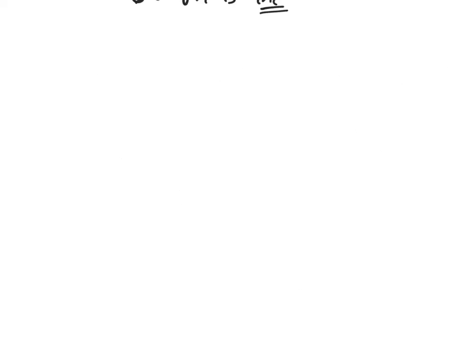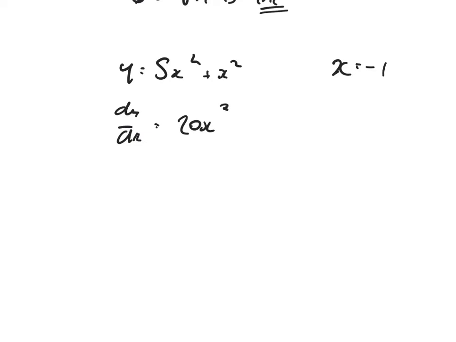Okay, let's try one more easy one. We're going to state whether 5x to the 4 plus x squared is increasing or decreasing when x equals minus 1. So investigate the gradient by differentiating, so that will be 20x cubed plus 2x.